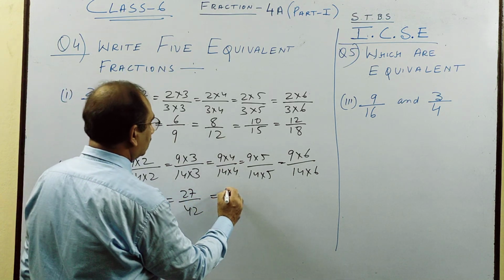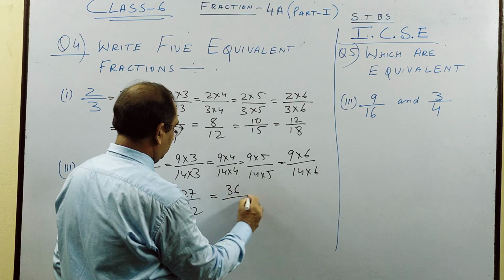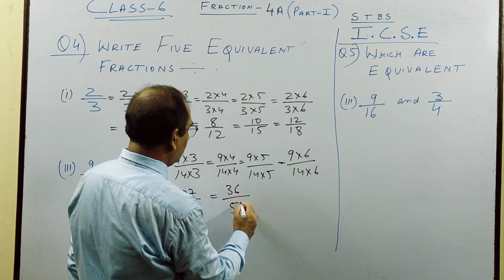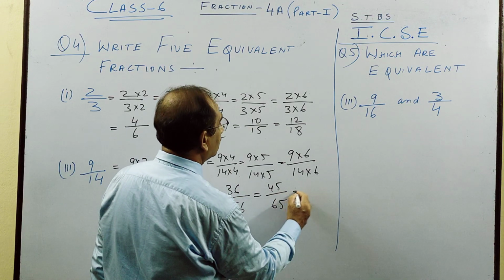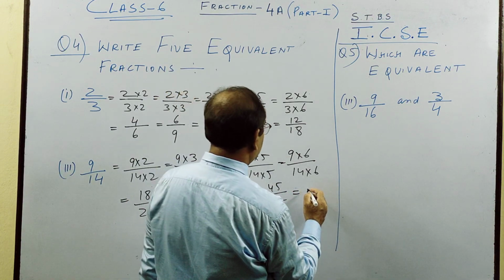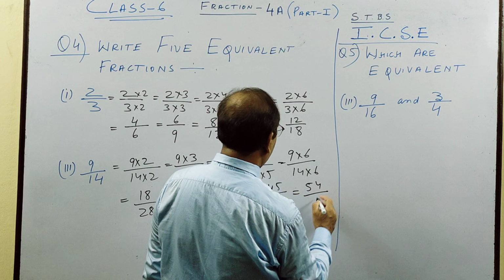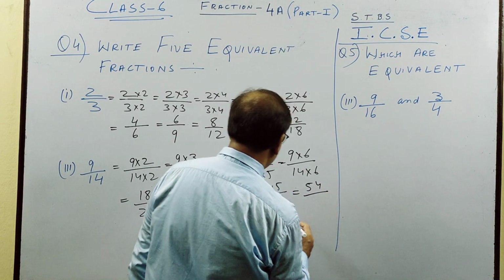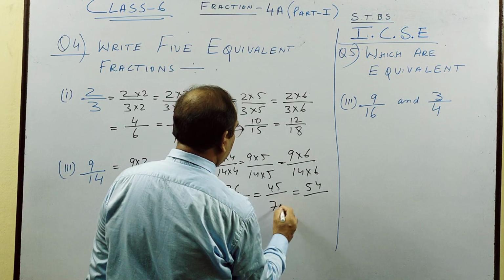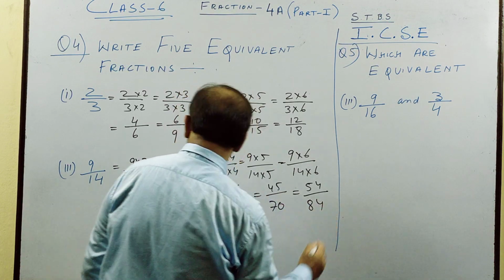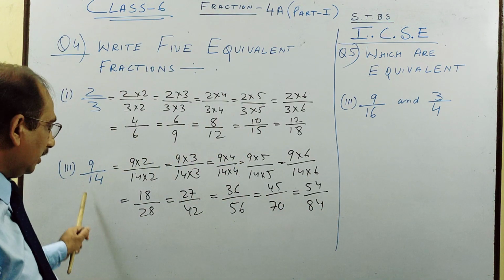So see nicely, 14 4s are 56, 9 6s are 54, 14 5s are 70, and this will be 84. So see the table denominator.